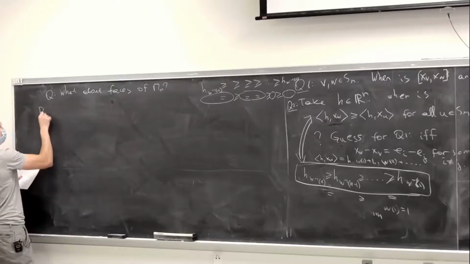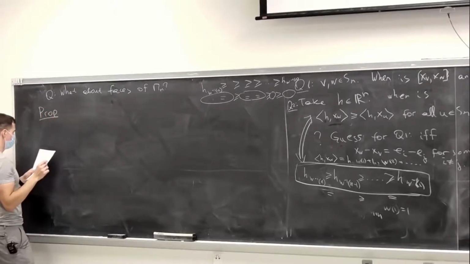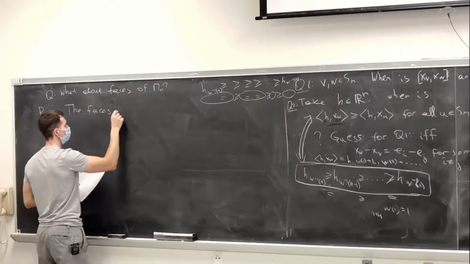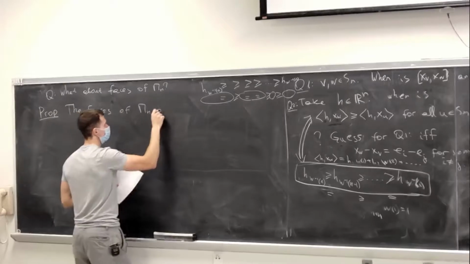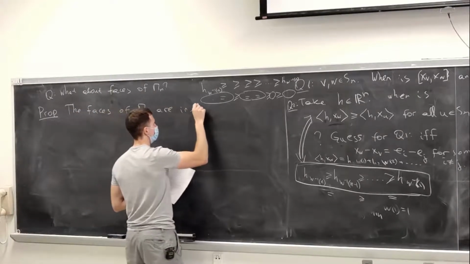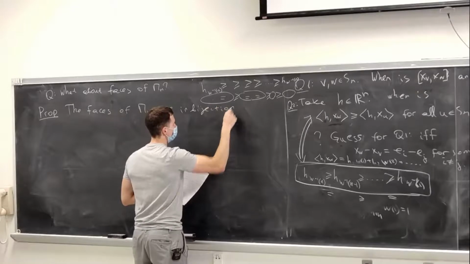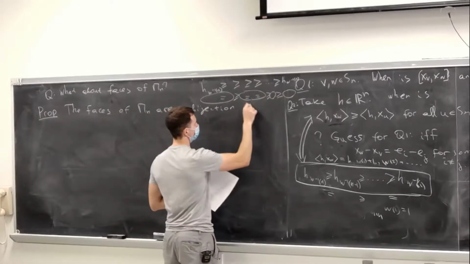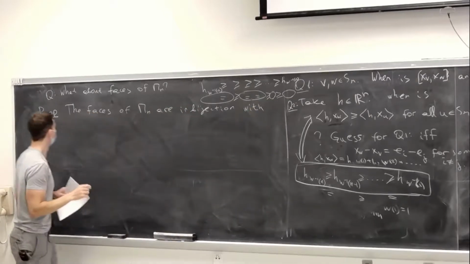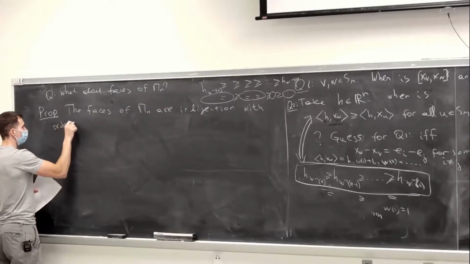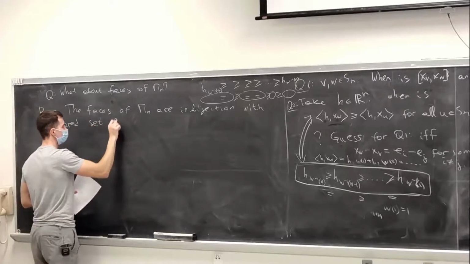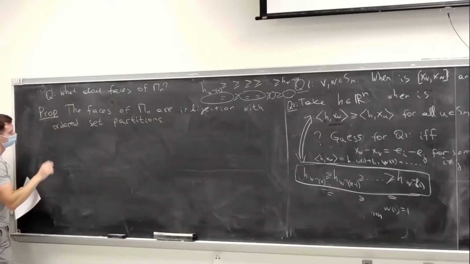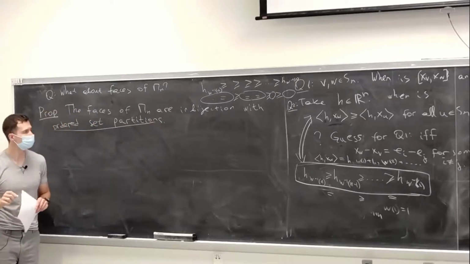But let me state the actual result: the faces of the Permutohedron are in bijection with certain combinatorial objects called ordered set partitions. And what is an ordered set partition?